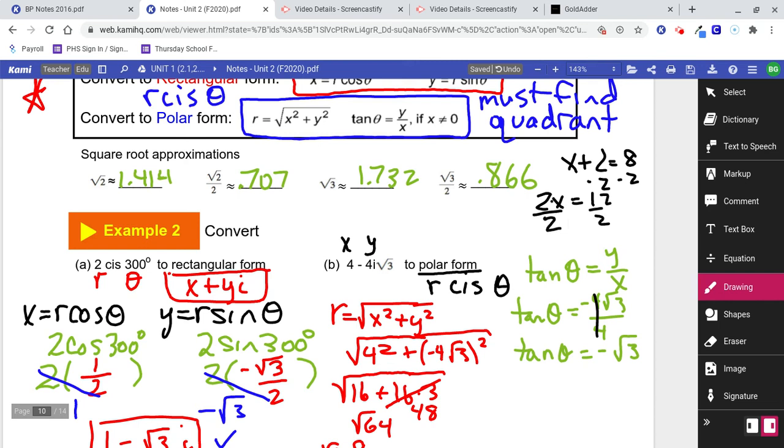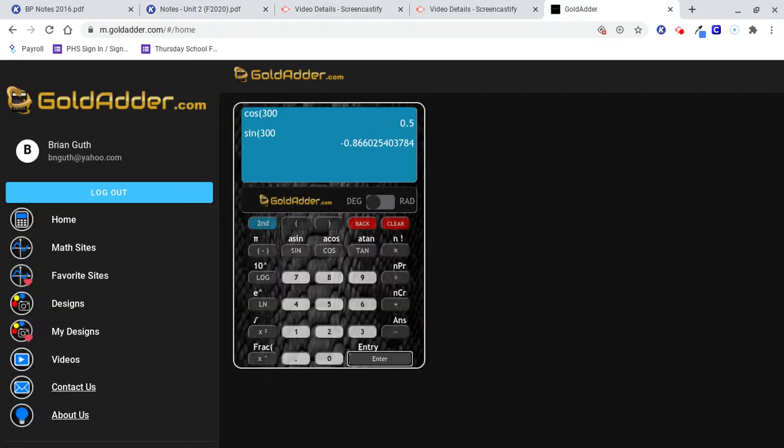So whatever the problem says, you do the inverse operation. That's what we do here. We're going to do the inverse operation of tangent. We're going to do an inverse tangent of negative square root of 3.